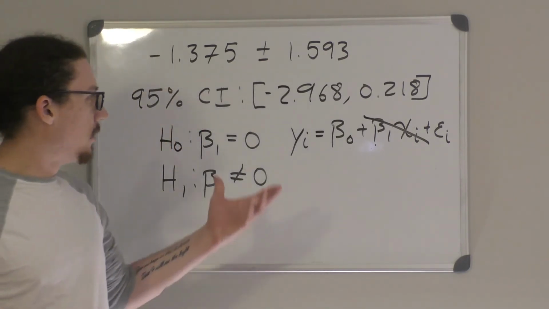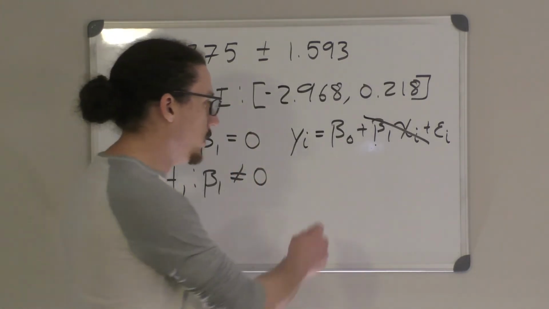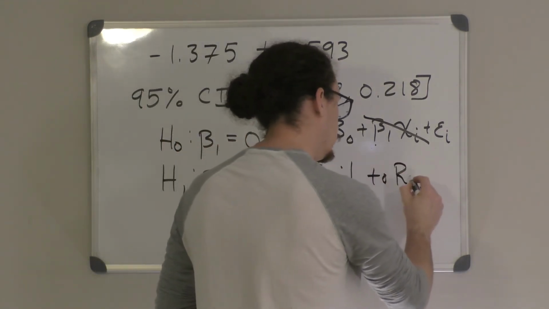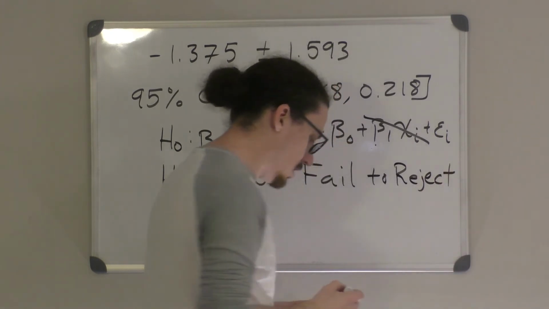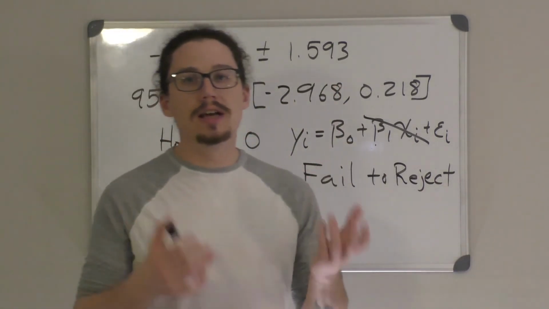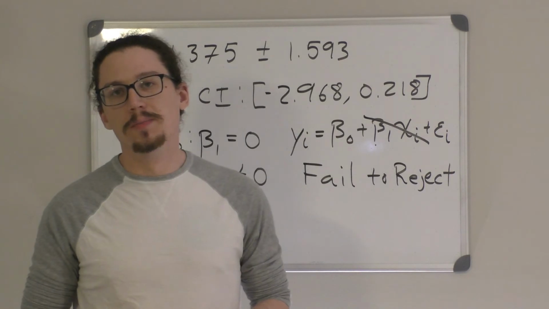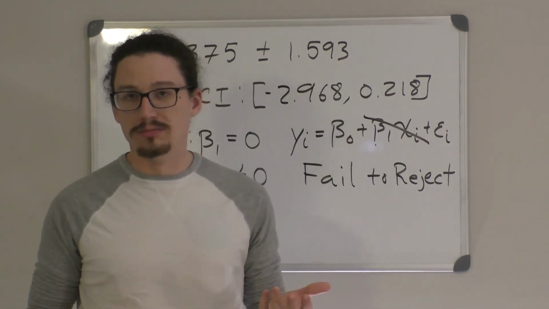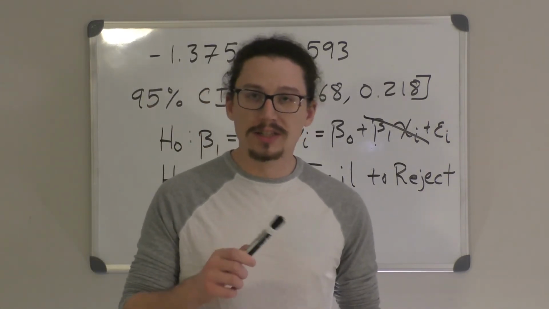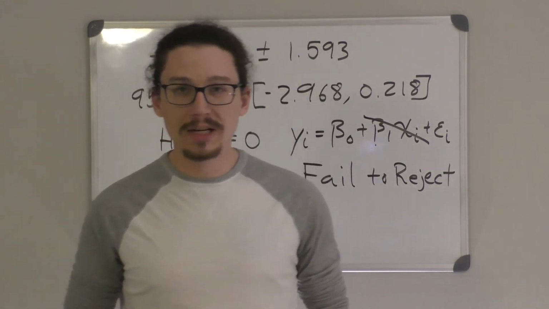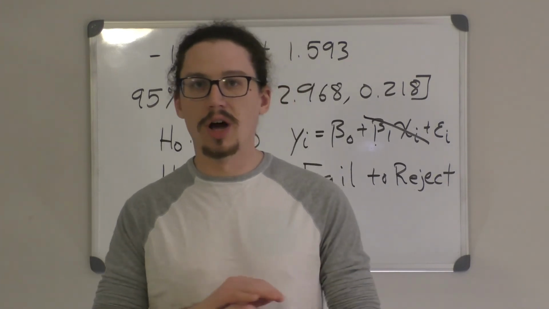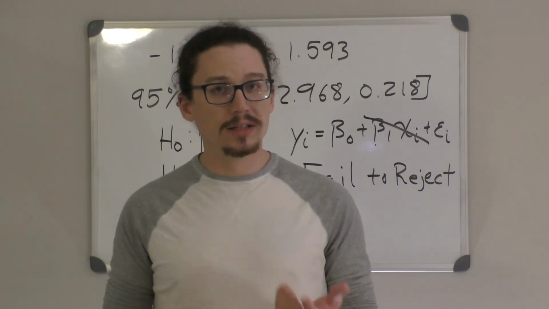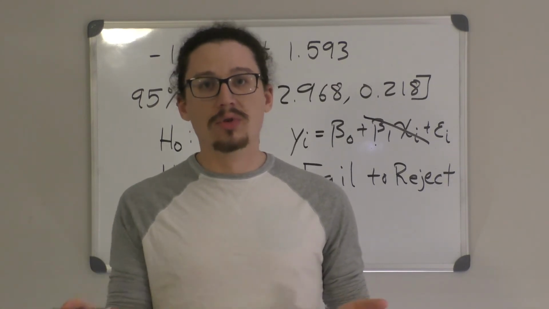And so that would mean we would fail to reject. We can't conclusively say at the 95% level that beta 1 doesn't equal 0. It does not prove that beta 1 equals 0. We can't prove that. But it is saying that we're not ruling it out.